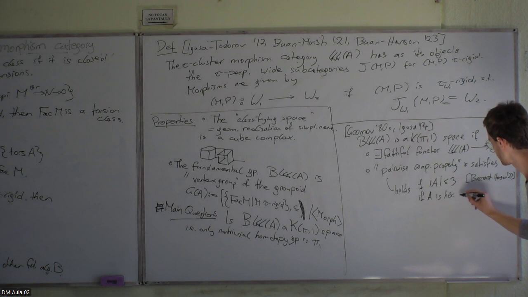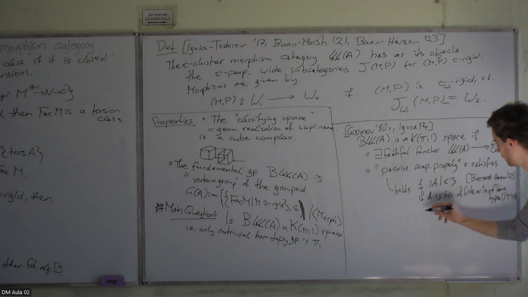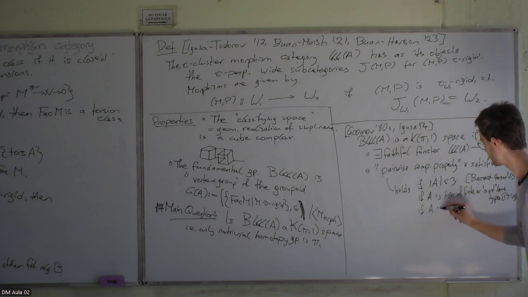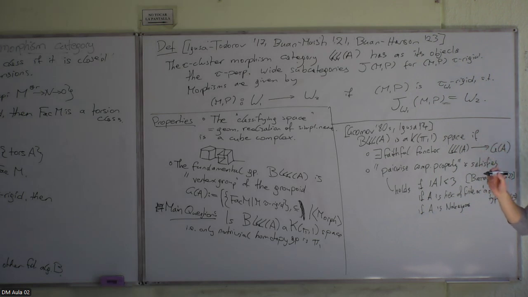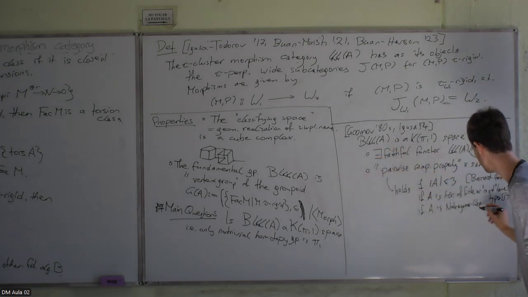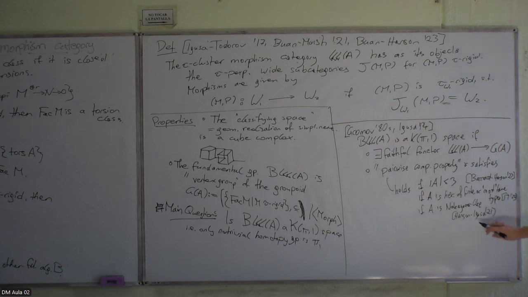It also holds if A is representation-finite, or I'll say most tame types, by Igusa and Todorov in a later paper, or, for example, if A is Nakayama-like, which means that the underlying quiver is either a line with any orientation or a circle with any orientation, so that it has finitely many types of pairs. This was done by Hanson and Igusa.